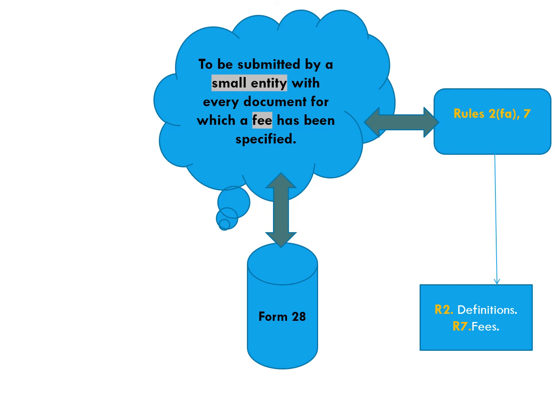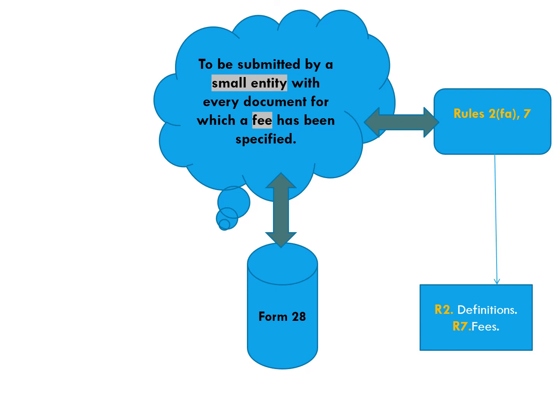So clearly it is mentioned here that it is to be submitted by a small entity with every document for which a fee is specified. So we can say that Form 28 is submitted by a small entity with all the documents, and there is a prescribed fee.